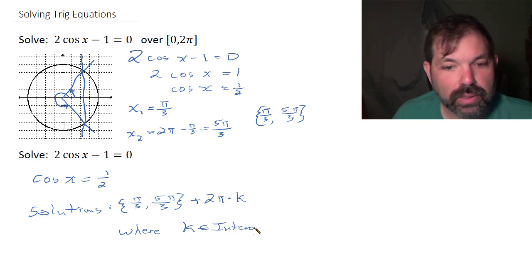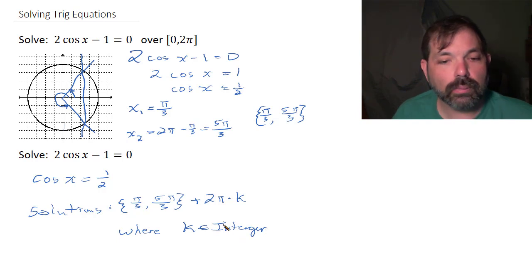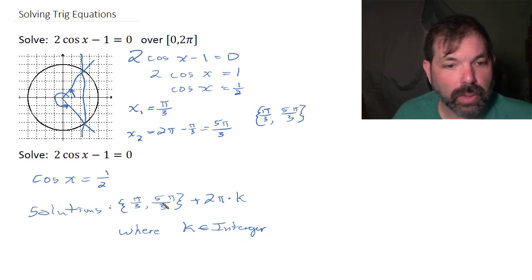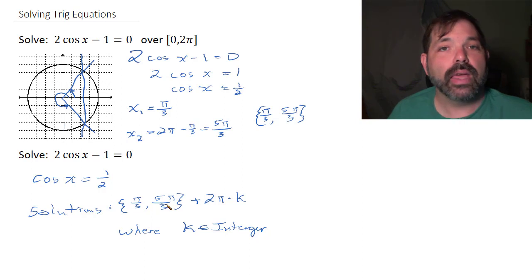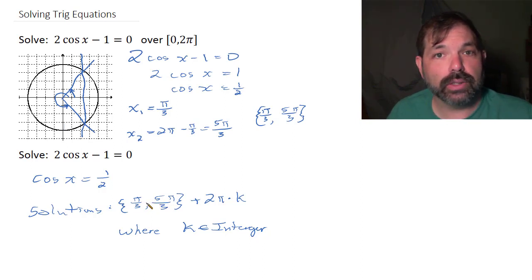And basically what this is saying is we have our fundamental solutions, pi over 3 and 5 pi over 3, and then any complete rotation about the circle gives us another set of solutions.